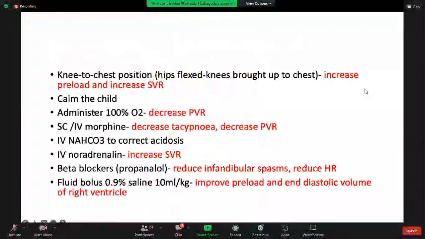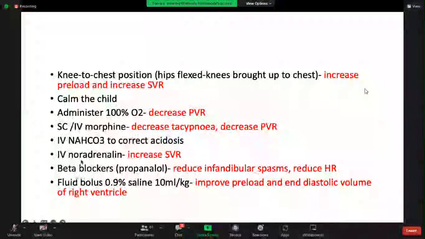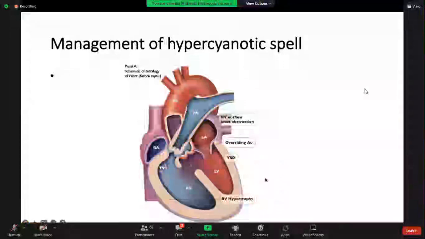Morphine will reduce your tachypnea, and it will reduce your pulmonary vascular resistance and then reduce the shunting. And then you can use some bicarbonate to correct the acidosis. And you can use a vasopressor, like noradrenaline, to constrict the peripheral vasculature. By constricting the peripheral vasculature, you are increasing the pressures on the left side.